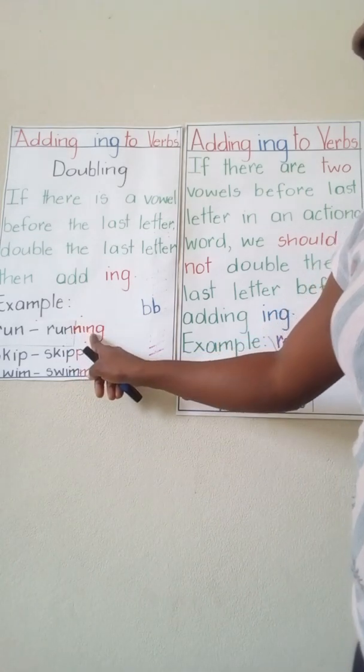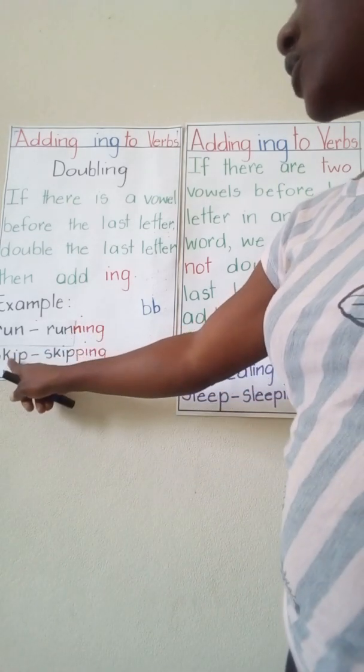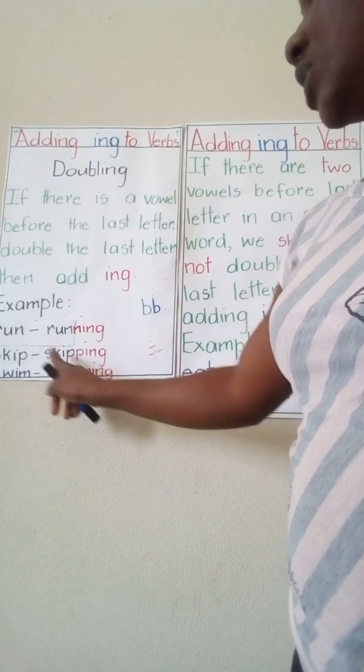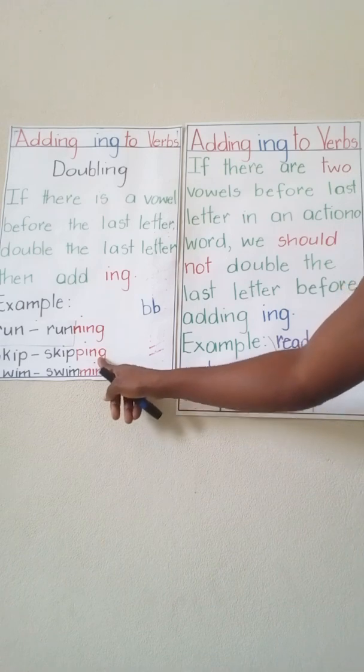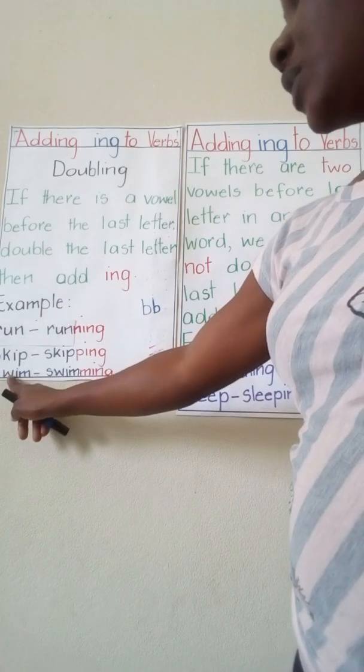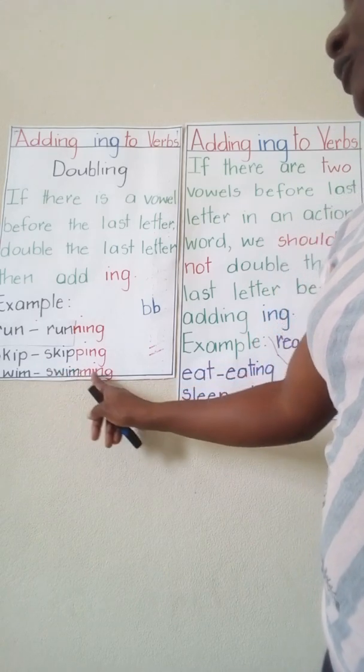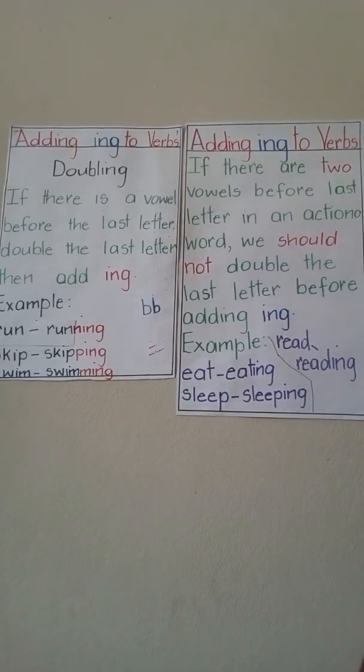Before we add ing. The same thing goes for skip. There is one vowel before the P. We double the P, then add ing. Swim, one vowel before the M. We double the M before adding ing.